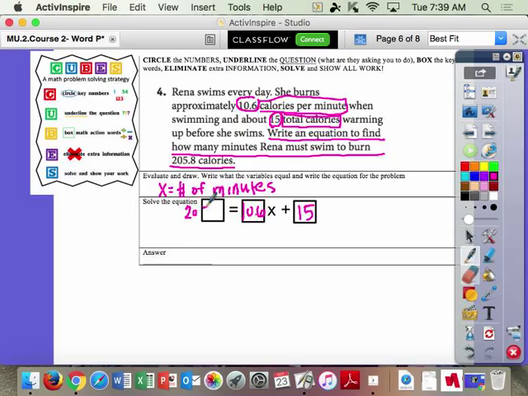And then we have 205 8/10. All right. Line, circle, subtract our 15 on both sides. 10 6/10 x equals, what is this? I think it's 189 point something. No. 190.